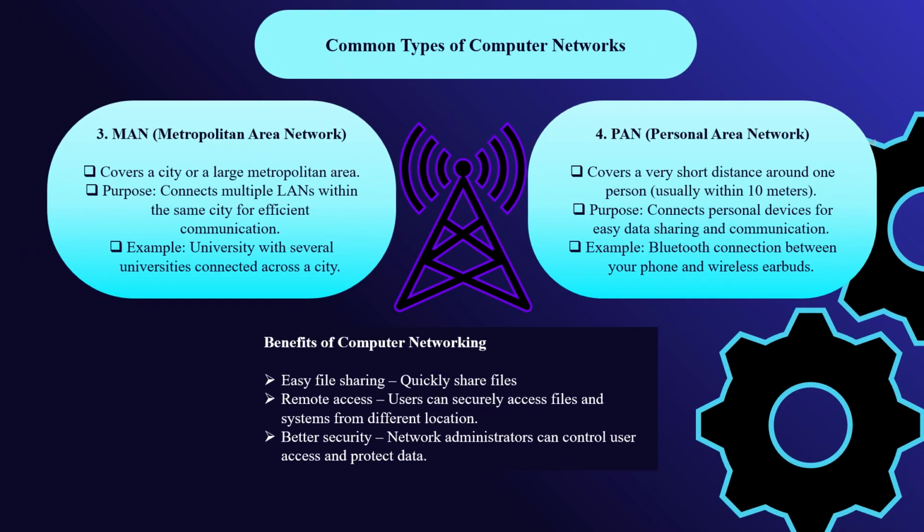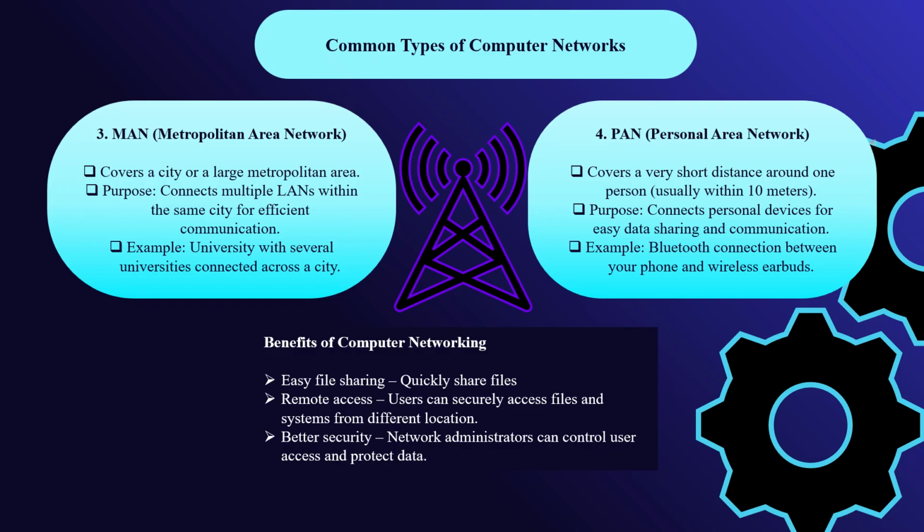Let's continue looking at network categories, this time moving to smaller and mid-sized networks. First, there's the PAN or personal area network, which covers a very short distance around a single person, usually within 10 meters. Its purpose is to connect personal devices for easy data sharing and communication.